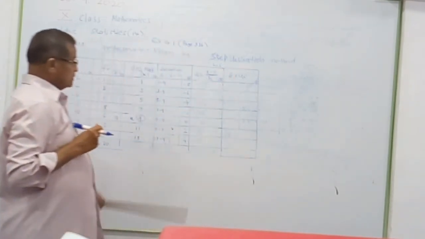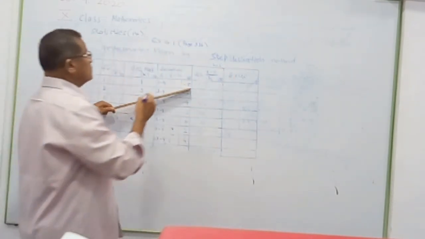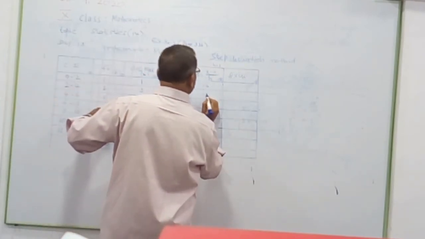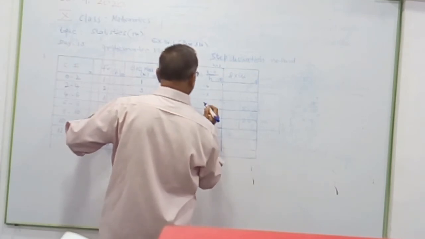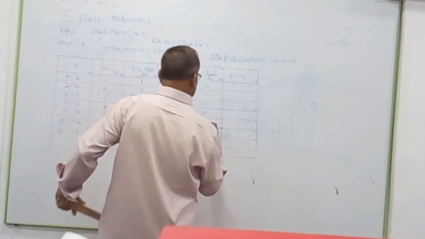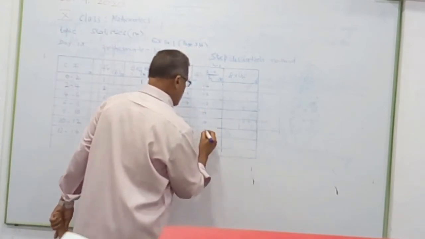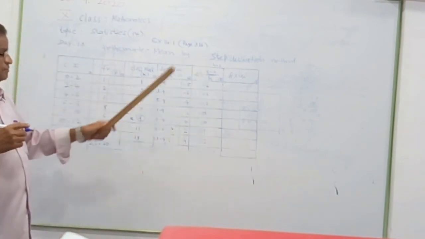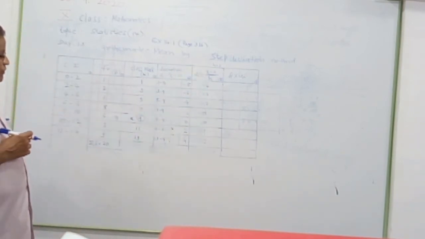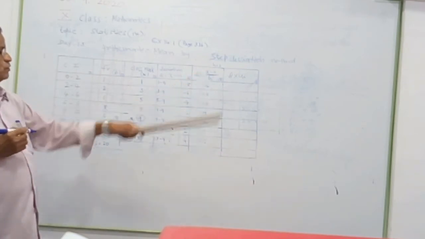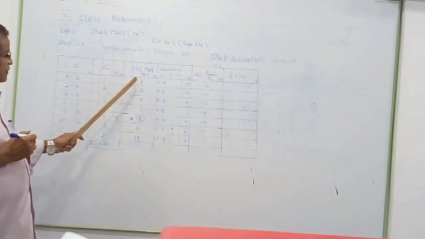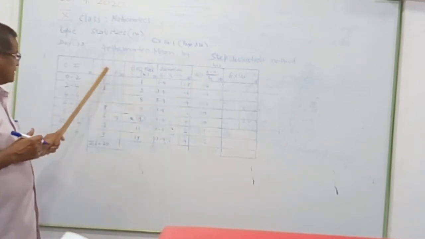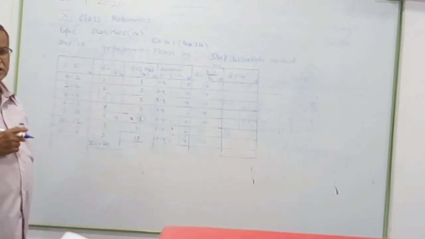See, minus 8 by 2, minus 4. Minus 3. Minus 2. Minus 1. 0, 1, 2. This is ui, fifth column, and the next fi into ui. Multiply these two: frequency, which is the second column, and the fifth column product.